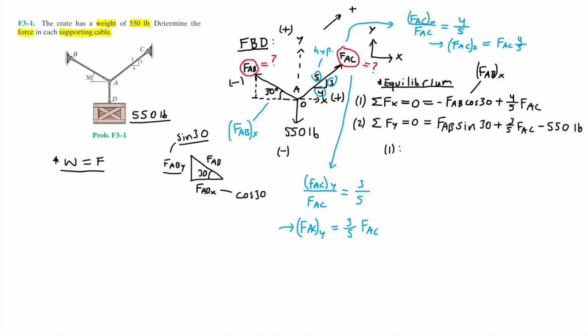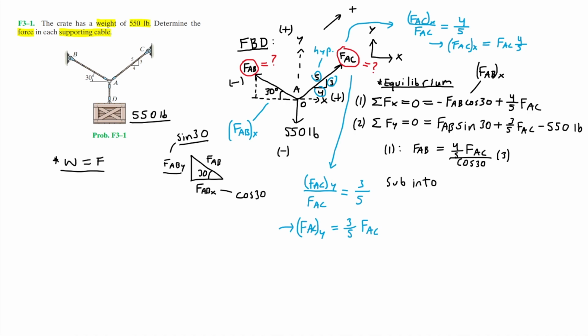Here I'm going to take equation 1 and isolate FAB. I just added FAB to the other side of the equation, which is 0. So this turns to positive FAB and divide by cosine 30. FAB equals 4/5 FAC over cosine 30, and I'll call that equation 3.